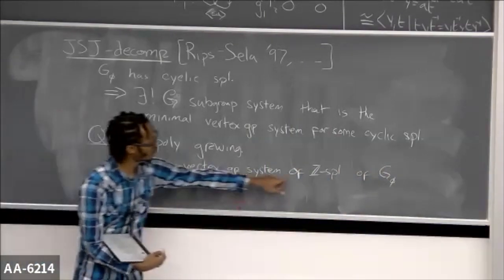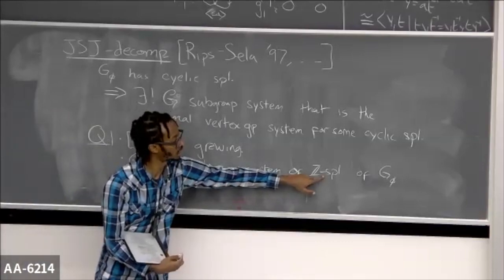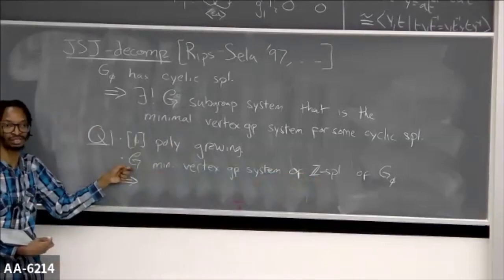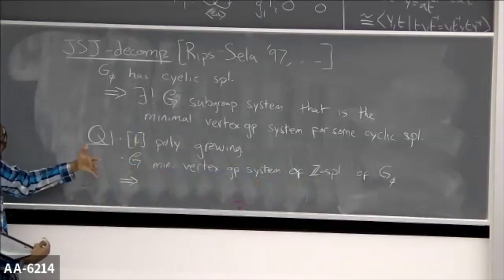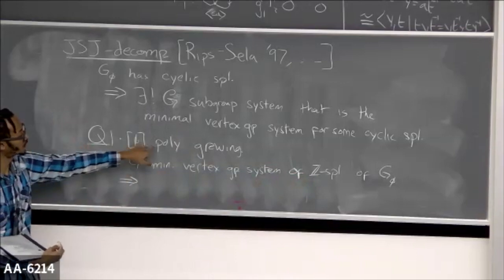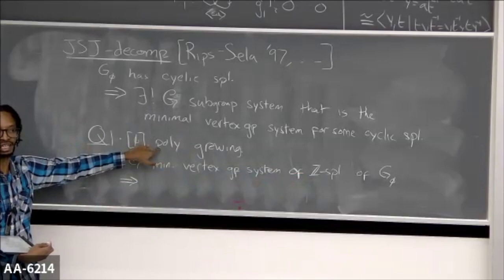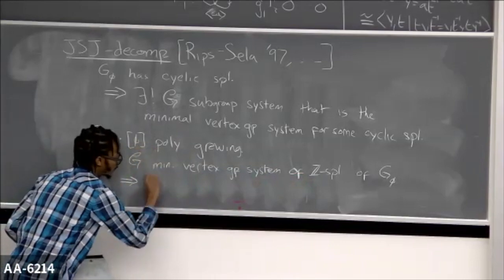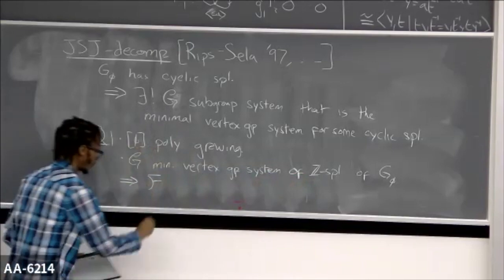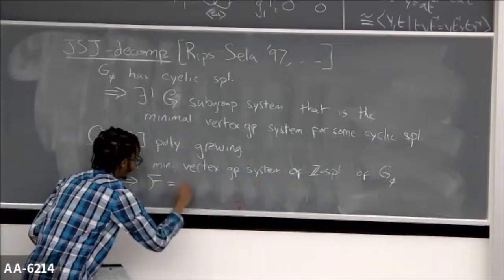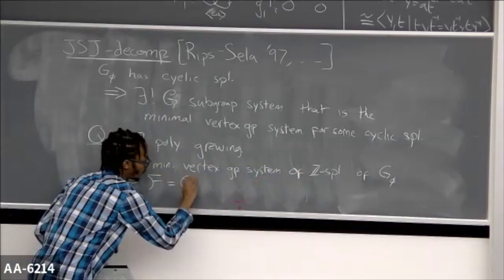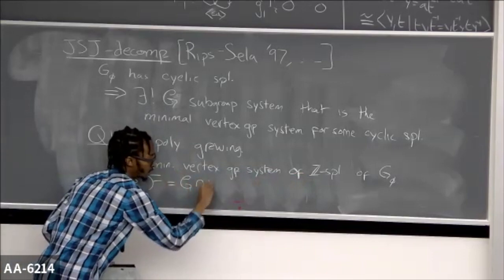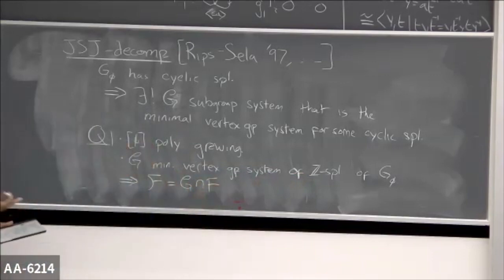When you do this, you choose some cyclic splitting that has script G as its vertex group system, and then restrict to the action of F. That gives you a free splitting, and that free splitting has some free factor system, up to quotation marks. I'm looking at script G intersected with my free group F. So that gives me a free factor system for the free group.